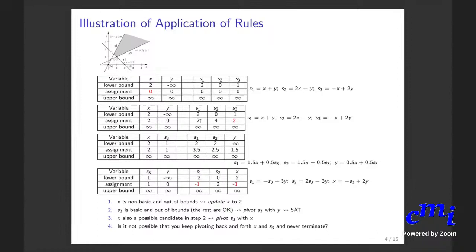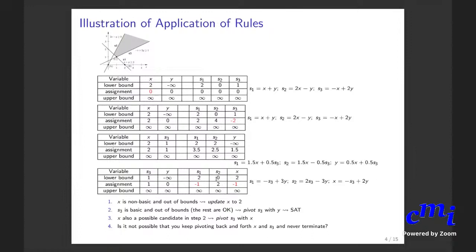In the beginning, S1 was violating, correct, but when I did a pivot operation with S3 with Y, it got fixed, and everything was fine. So this is another possible path to the solution that could have been taken.